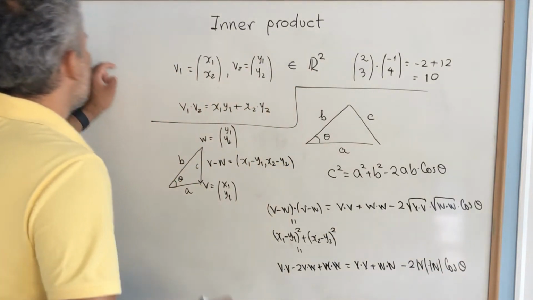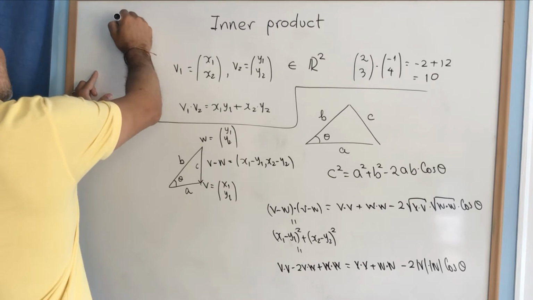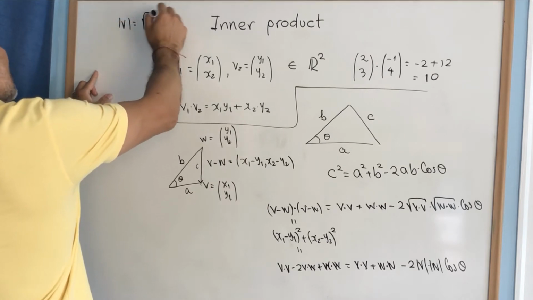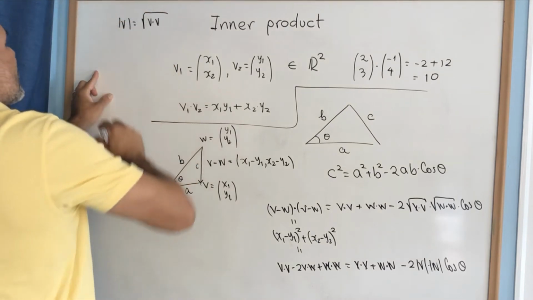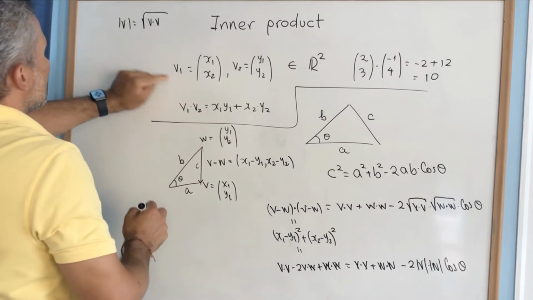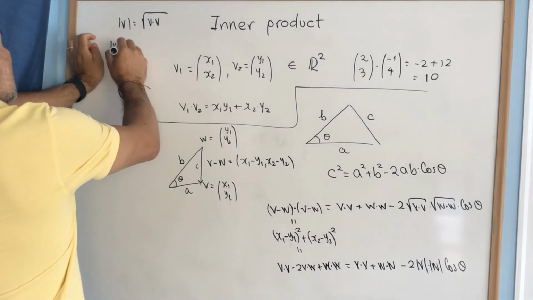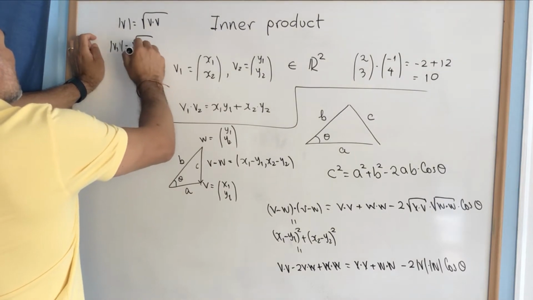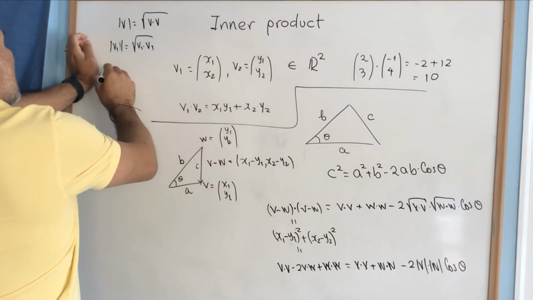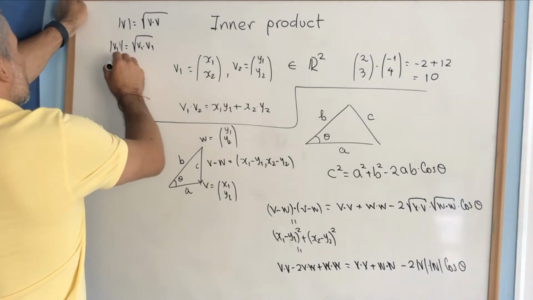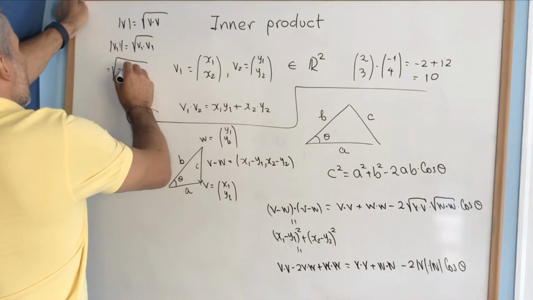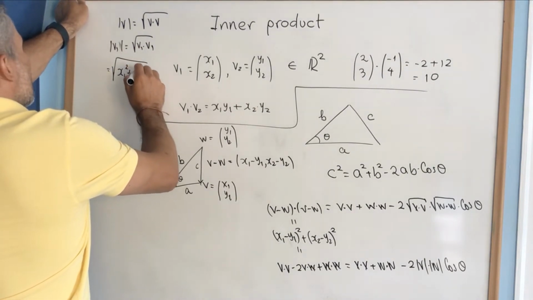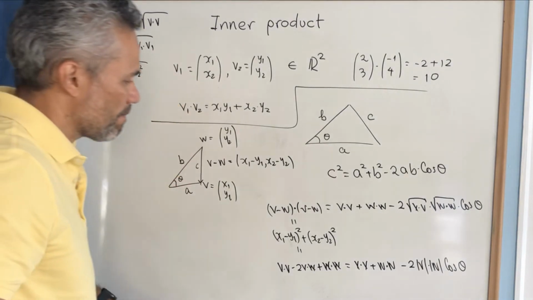In general, the length of a vector is just the square root of v inner product with v, and for example, the length of v is the square root of v dot product with v, which is just the square root of x1 squared plus x2 squared.